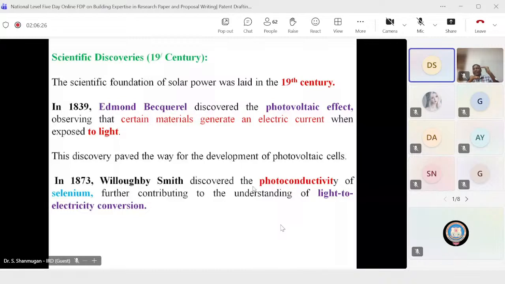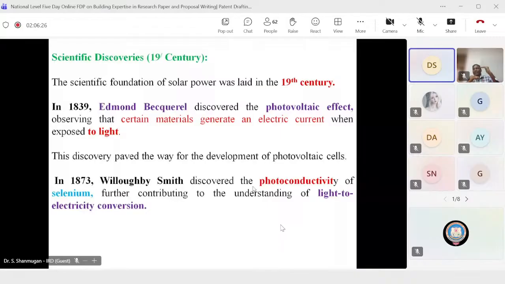Again, another scientist, Einstein, explained the photoelectric effect in 1905, for which he received the Nobel Prize in Physics. It provided the theoretical values on which photovoltaic technology was improved.